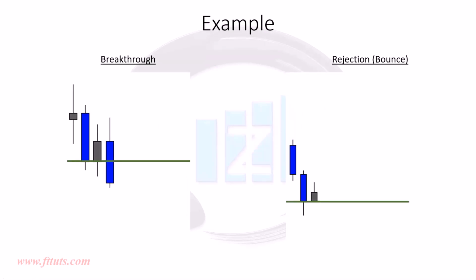Let's take a look at just a couple static examples. And again, we will go to the charts, but right now let's just look at the examples. So the first one is we have our breakthrough. Okay, price broke through this price level and closed below it. Right? Then for our bounce, we have price getting stopped on a dime. We have our little wick, but it doesn't close any lower than this price level.